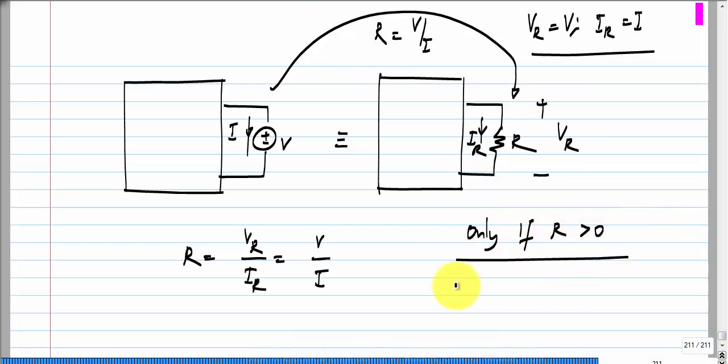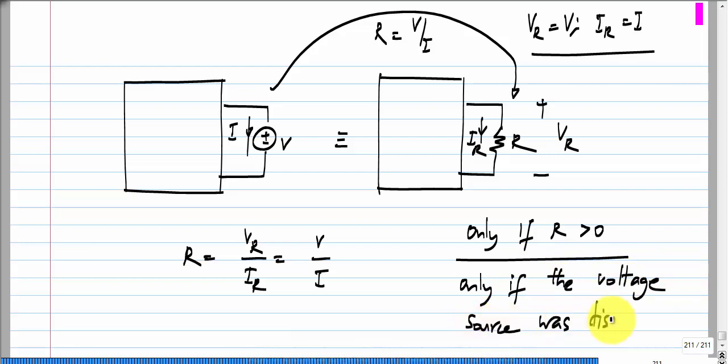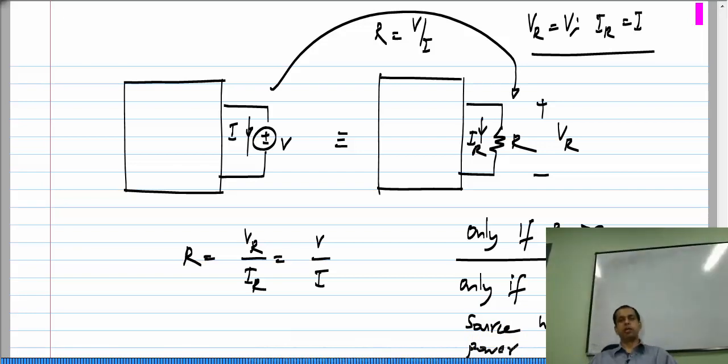So, that means that only if the original voltage source was dissipating power. Okay. So, that is also a variant of the substitution theorem, and sometimes it is useful to come up with circuits where if you end up with too many current sources, you can replace some of them with resistors. Okay.